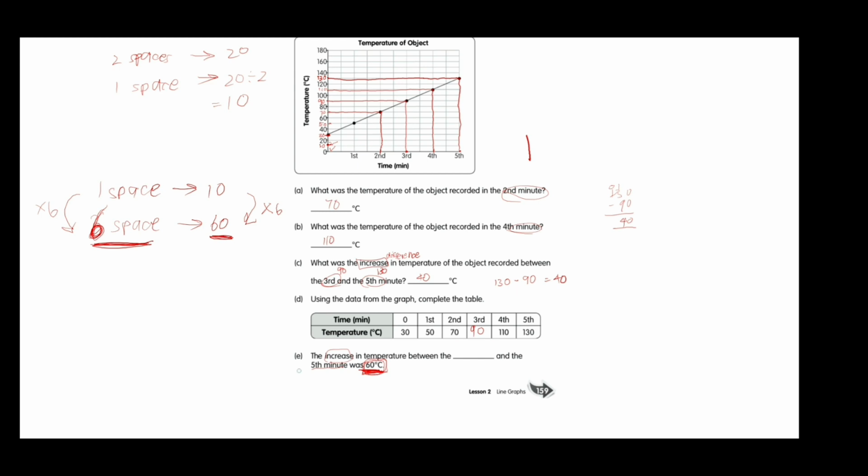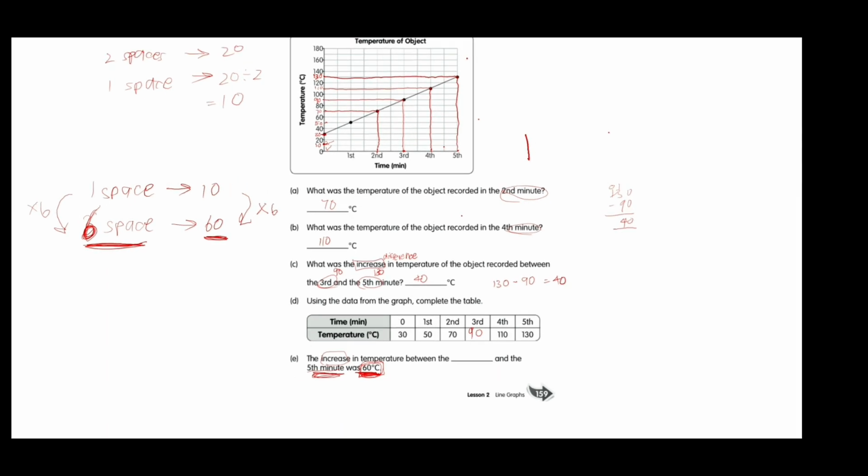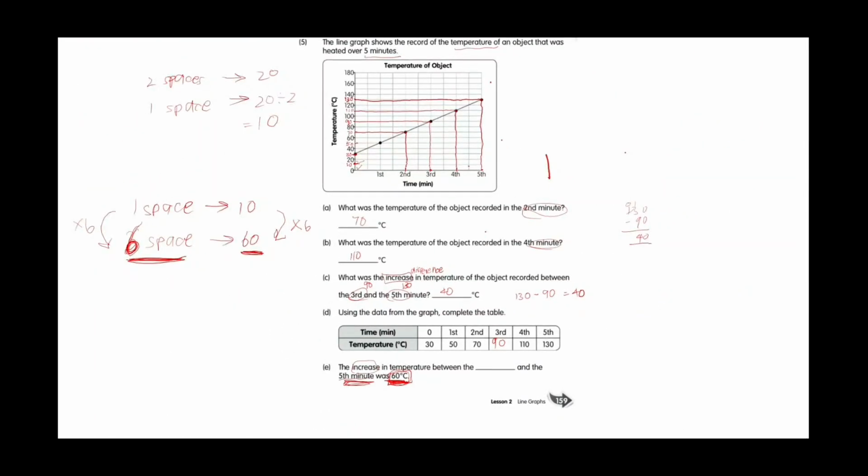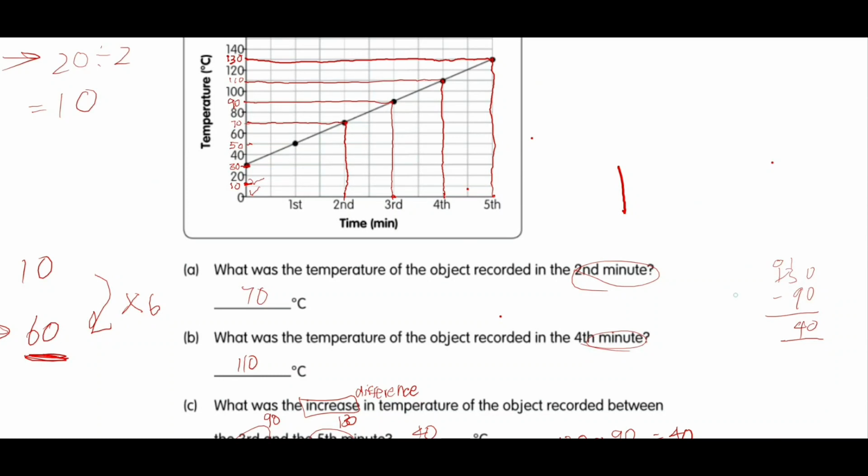So let's look at the 5th minute. The 5th minute on the line graph is here. Okay, this is 1 space, 2, 3, 4, 5, 6. So that means from here to here is an increase of 60.